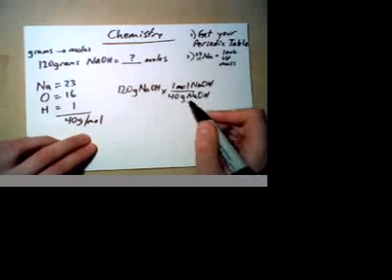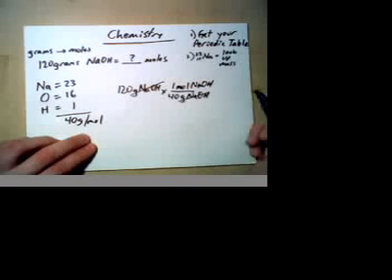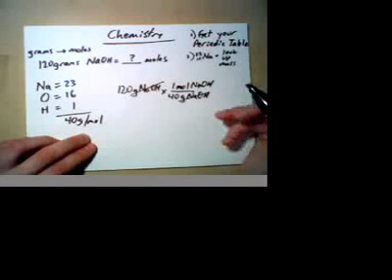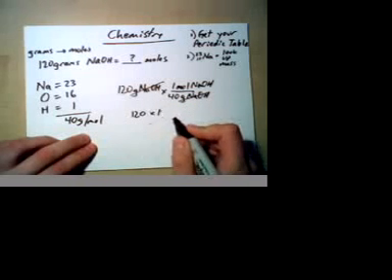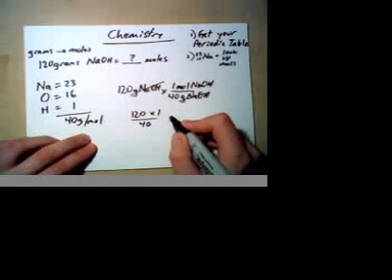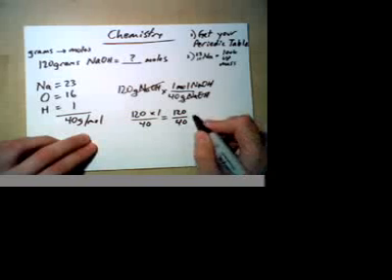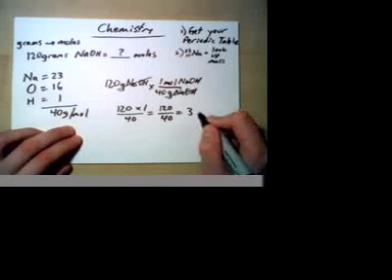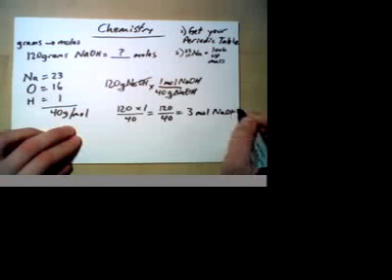And the reason why we put grams in the bottom is because we want to make sure that they cancel and that the units that are left are moles of sodium hydroxide. So the math that we're doing is basically 120 times 1 divided by 40. And if you work this out, you see very quickly that I've skewed the numbers to my favor, and we find that we end up with 3 moles of sodium hydroxide.